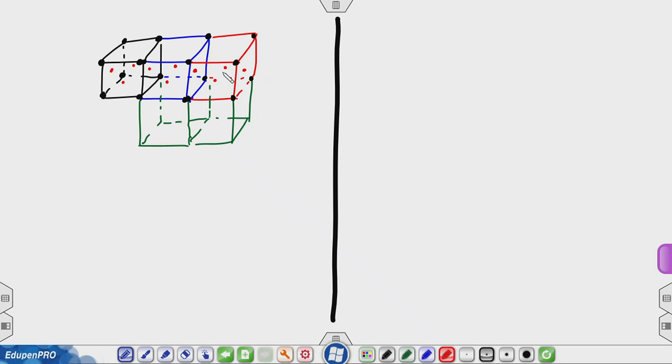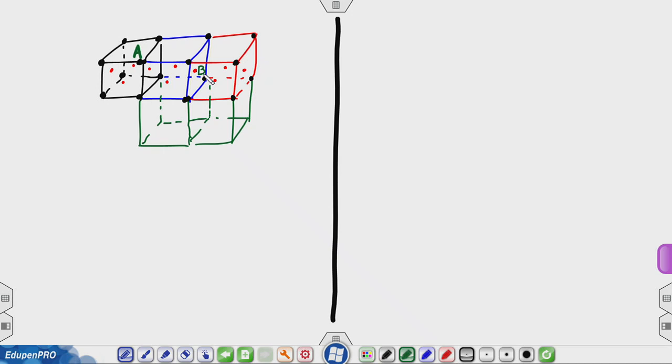And all these points should have the same orientation and same arrangement. So, let us look at point A here and a point on the side face here, B.